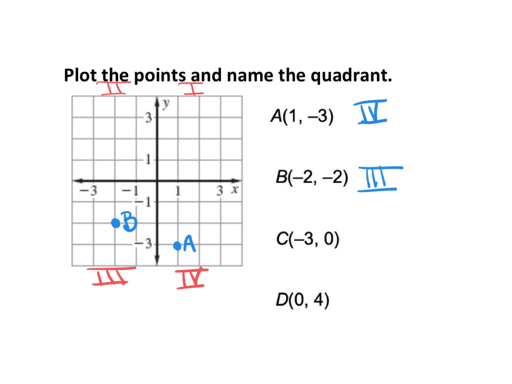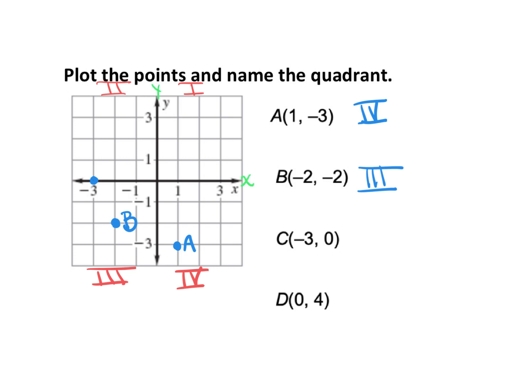Now be careful on these next two. Letter C says -3, 0, meaning you're going to walk to the -3, but then we're not going up or down any because it's 0. So we're walking to the -3, and then we're going up 0. Now I want to remind you that this is the x-axis and this is the y-axis.